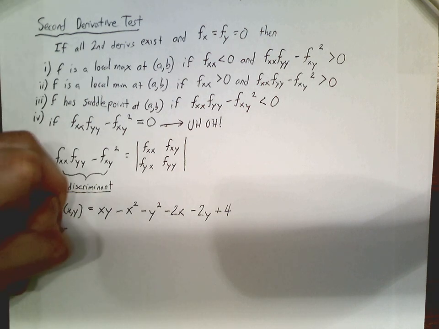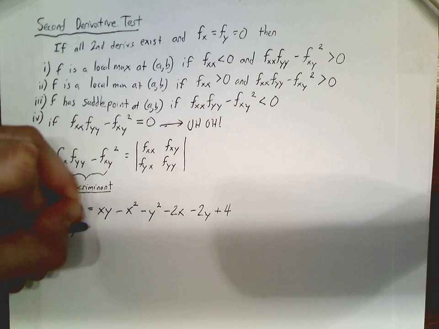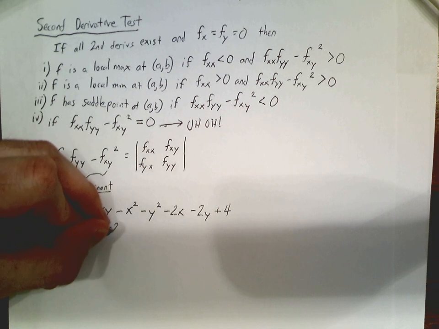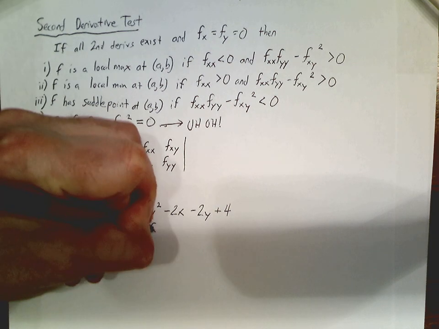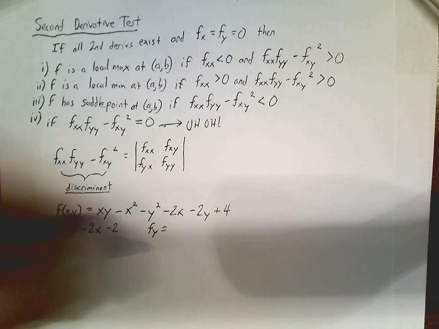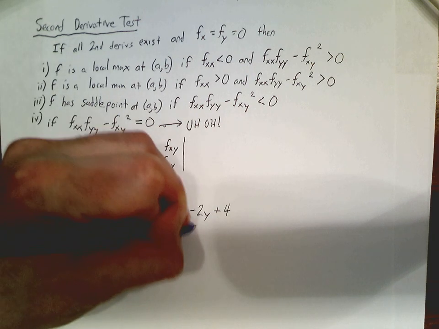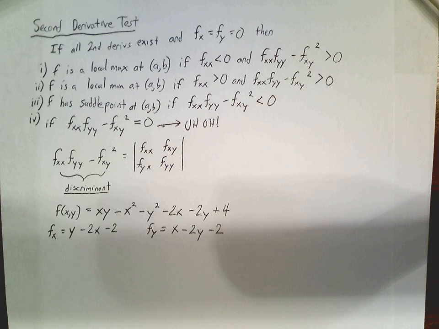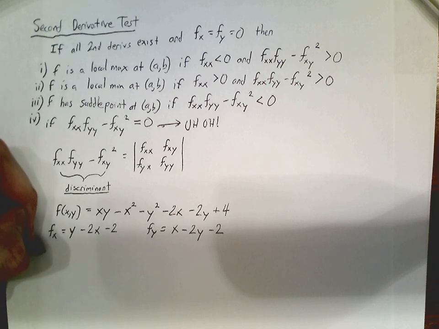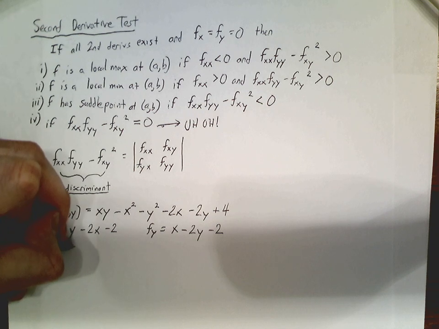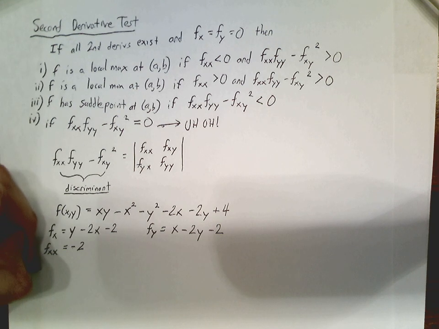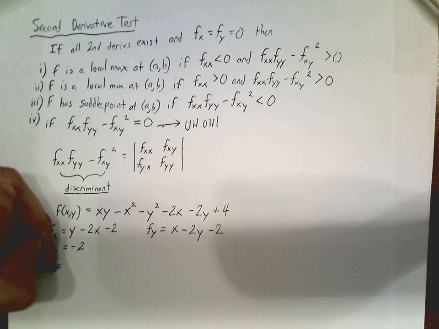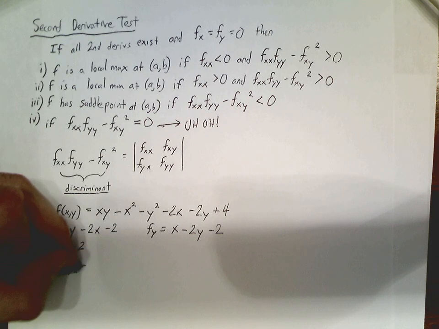So let's first find our first and our second partials. We do our x one. We're going to get y minus 2x minus 2. And for our y derivative, x is now the constant, we're going to get x minus 2y minus 2. If I take the second x partial of the x derivative, I'm going to get minus 2. fxy is equal to fyx.